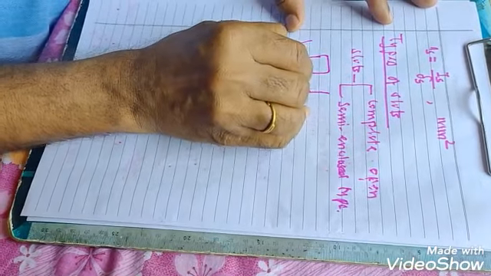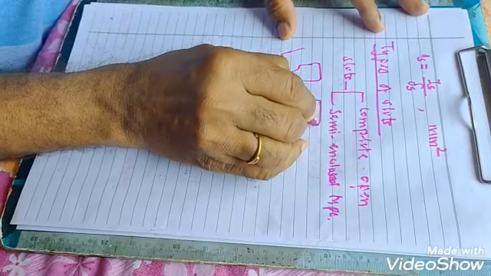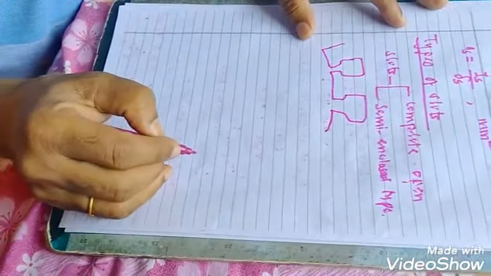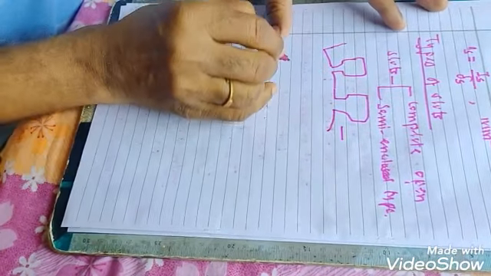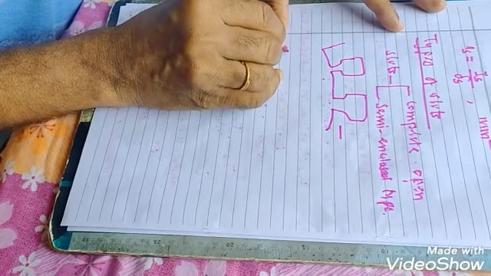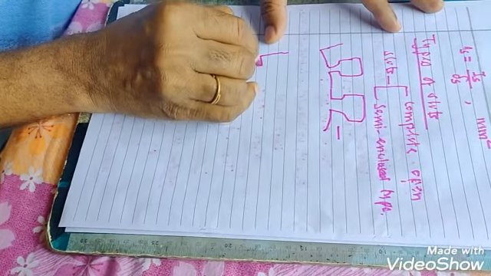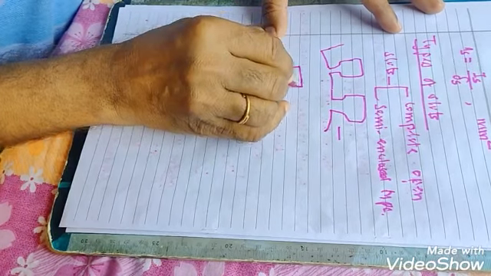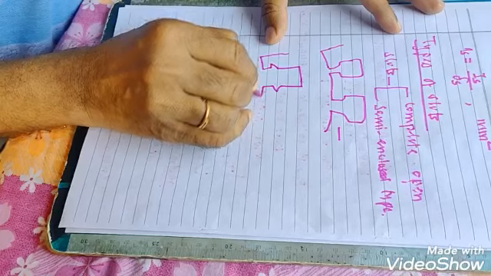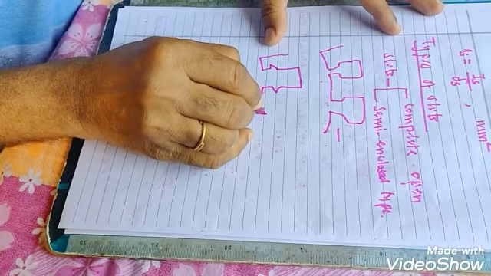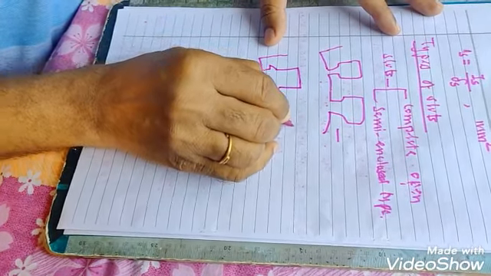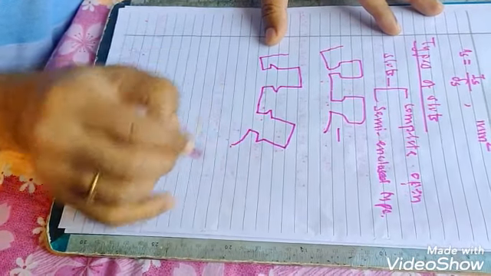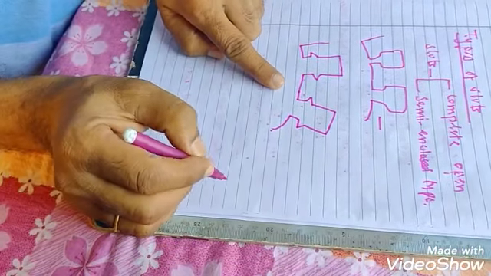This type of slots are called semi-closed type slots, and this type of slots are called open type slots.